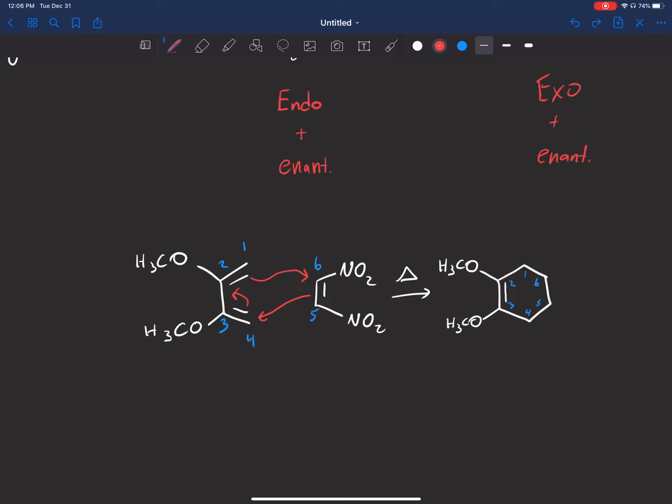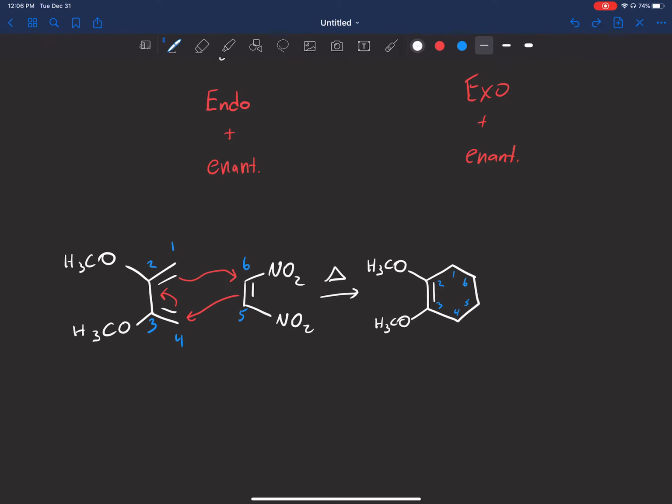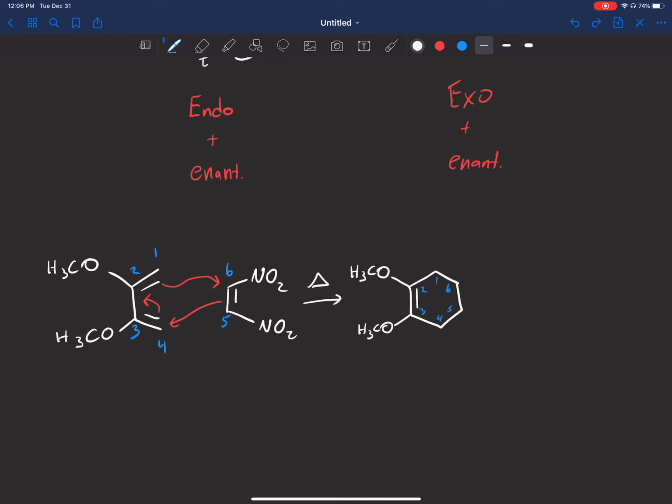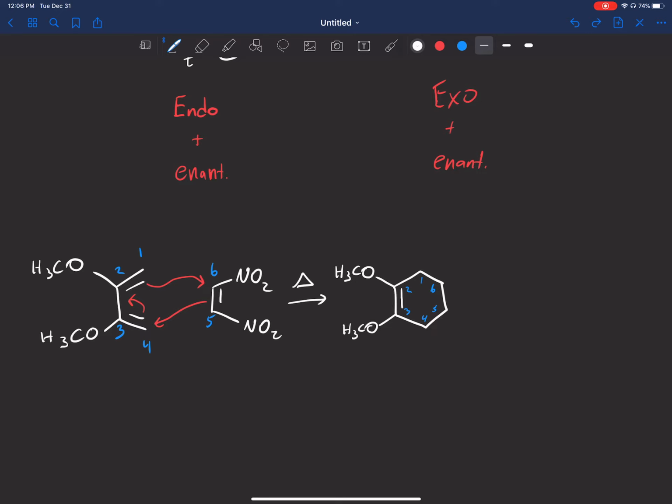There is no difference in any way you can orient it. And again, we don't need to worry about stereochemistry for carbons 2 and 3, because they are carbons of double bonds, so there's no chirality there. And now we have to put the NO2 substituents on carbons 6 and 5. So this is how you would draw everything planar.